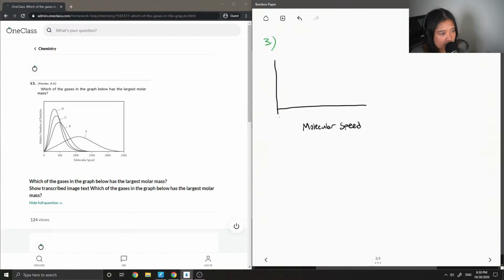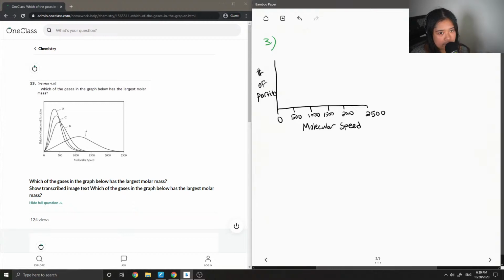And it goes from 0 to 2,500. And then on the y-axis, it's the relative number of particles.